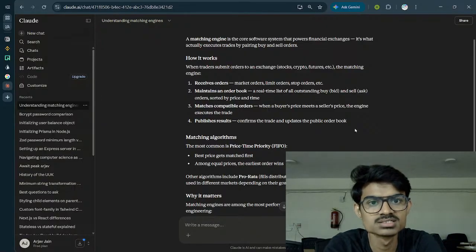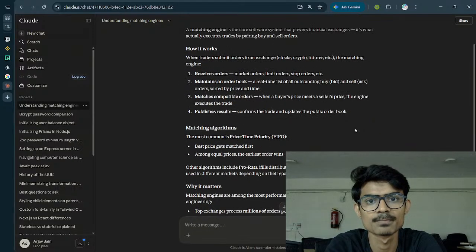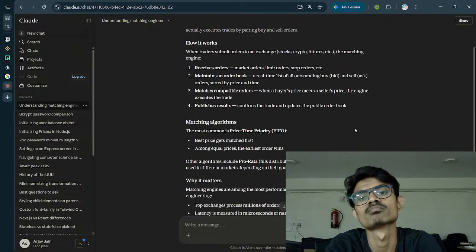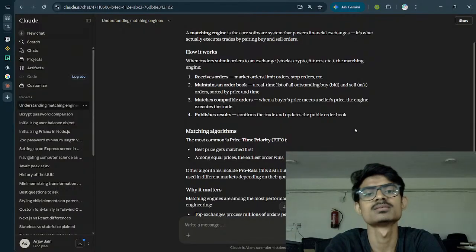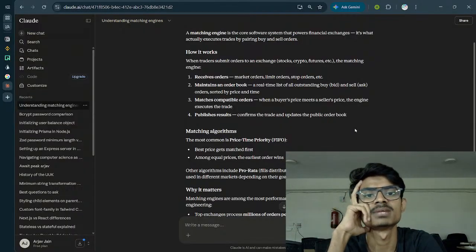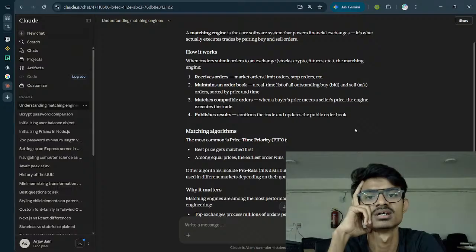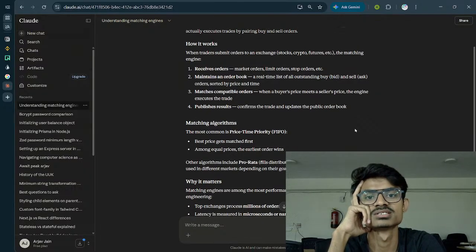When a buyer's price meets a seller's price, the engine executes the trade, publishes results, confirms the trade, and updates the public order book.